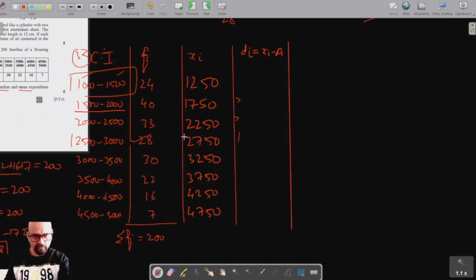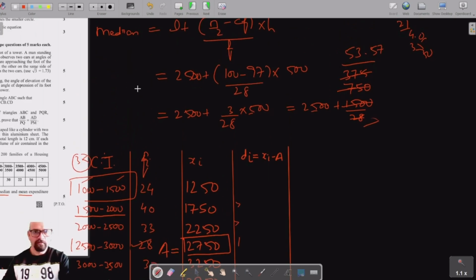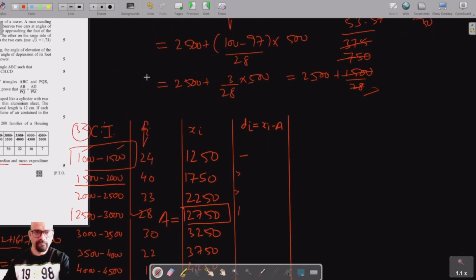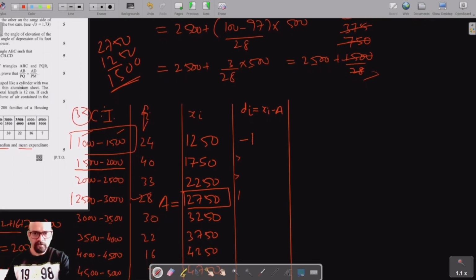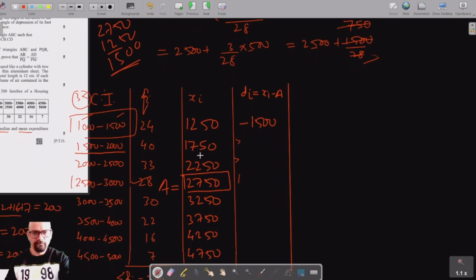So let's take the assumed mean to be 2750. So this is di, and this is our assumed mean. So 1250 minus 2750, which is negative 1500.